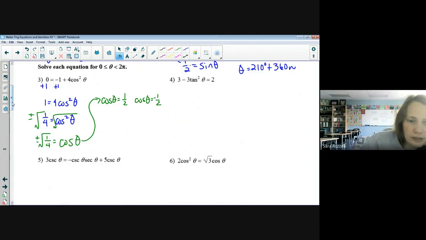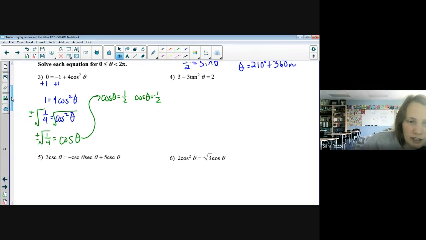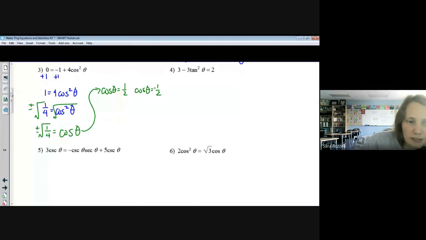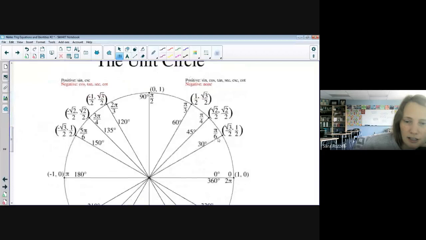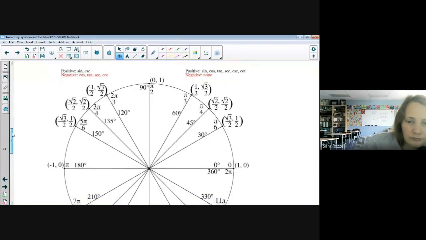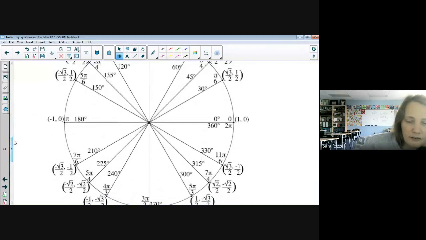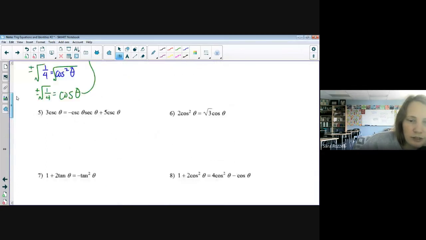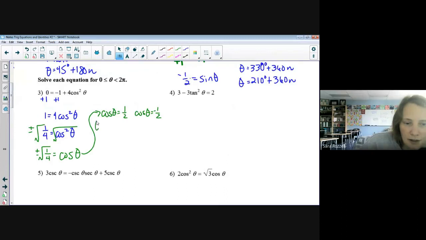All right, so let's go. We're looking for x values of positive 1/2 between 0 and 2 pi. So we're using radians. X value of a positive 1/2, that's pi over 3, and 5 pi over 3. So our first one, pi over 3 and 5 pi over 3.